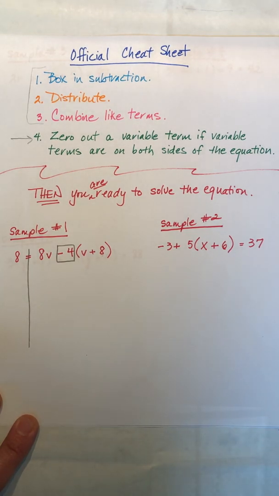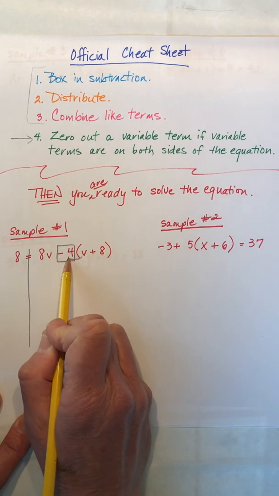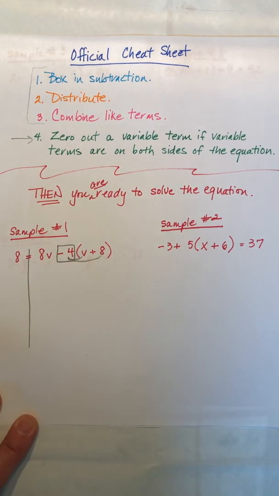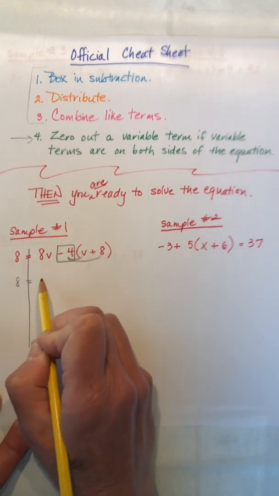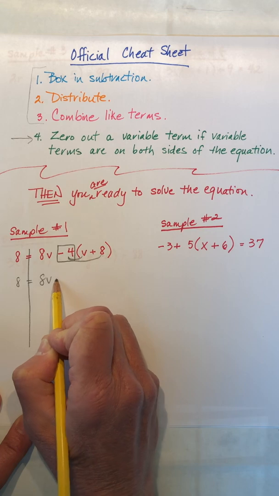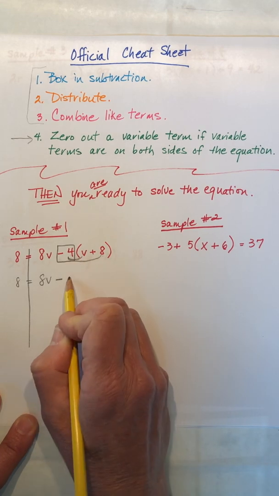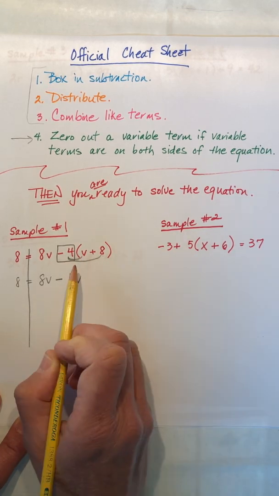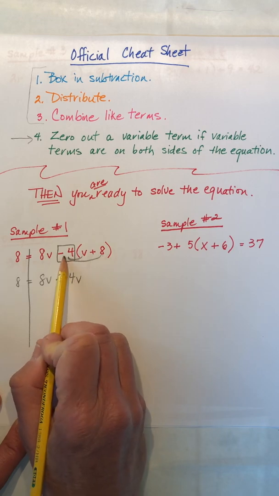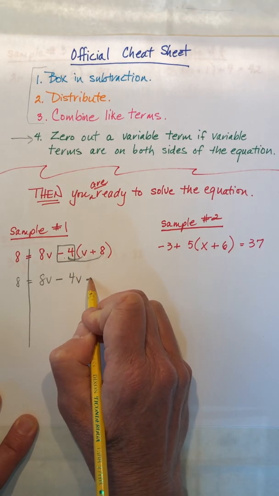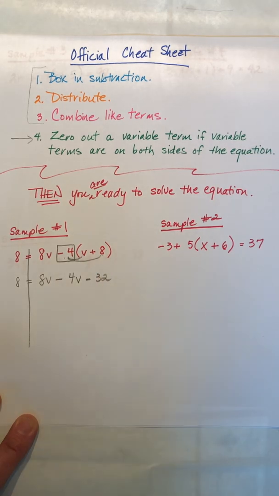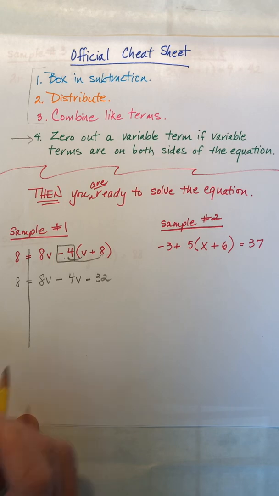So we boxed in our subtraction, and now we're ready to distribute. So I'm drawing in my lines, and so should you. I am left with 8 equals 8v minus 4 times v. Now I also have a negative 4 times 8. That is minus 32. I'm going to go ahead and combine like terms now.